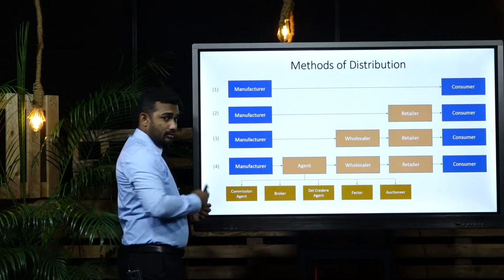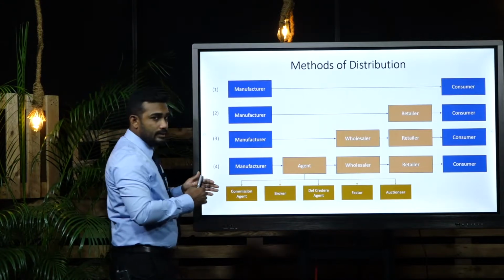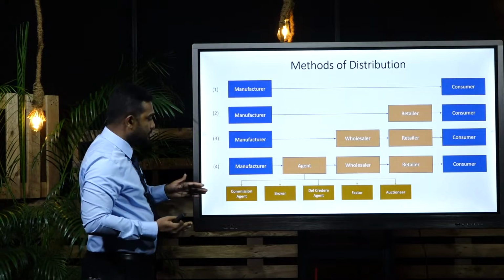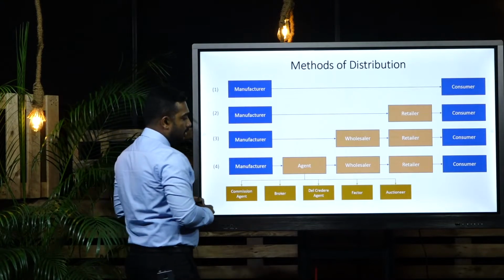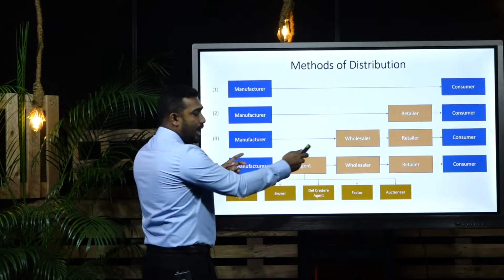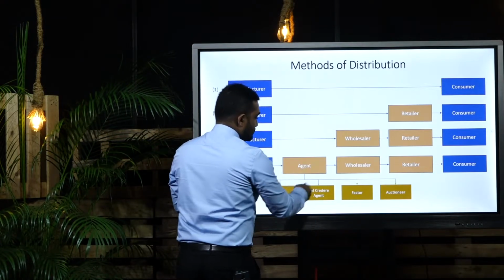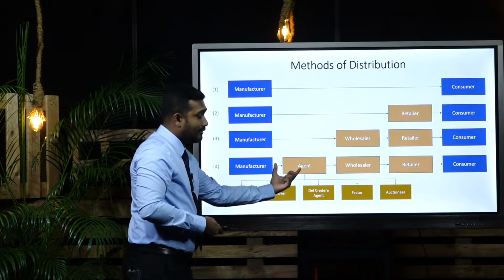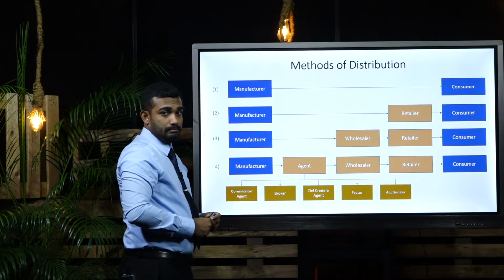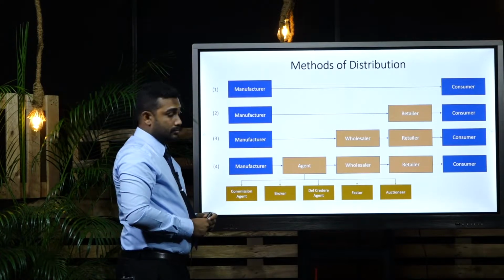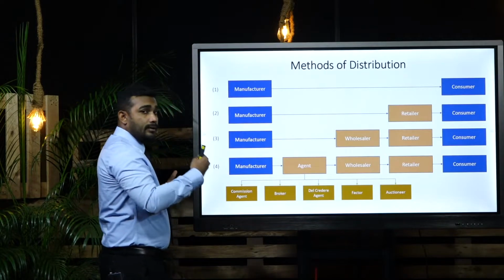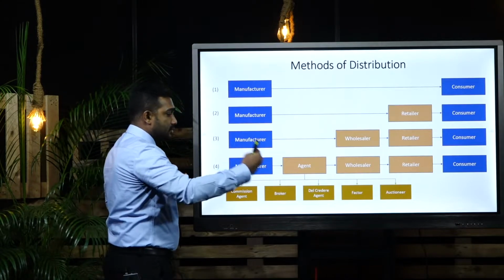The fourth way, again getting more complicated. Here, apart from the wholesaler and the retailer, we have the agent. Now there can be different types of agents.